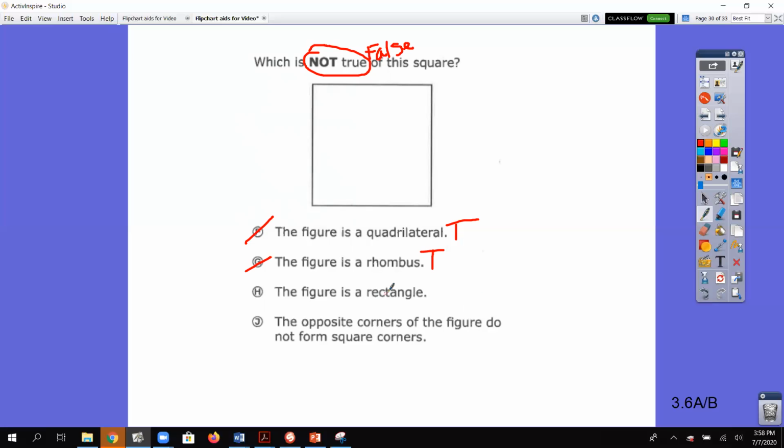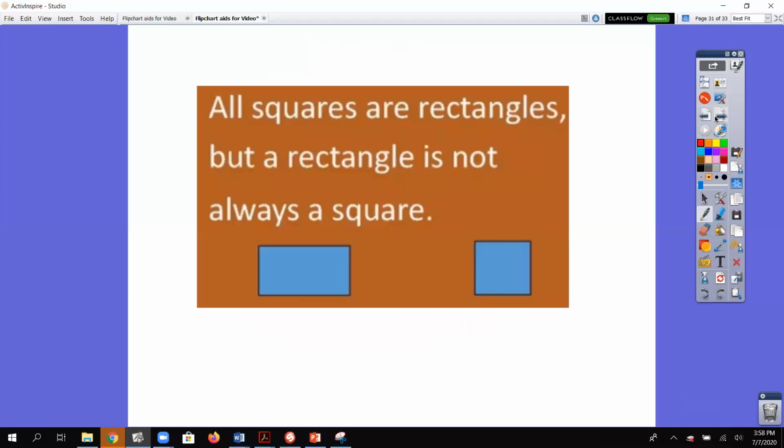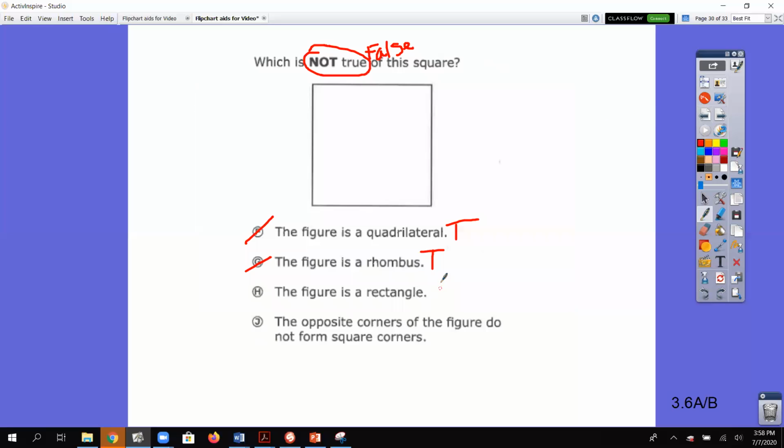I'm not sure if you learned this yet, but all squares are rectangles, but a rectangle is not always a square. That's because in order for it to be a square, it has to have congruent sides and 90-degree angles. A rectangle has 90-degree angles, but all the sides are not congruent. So this one is true.